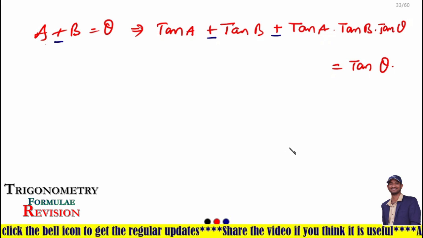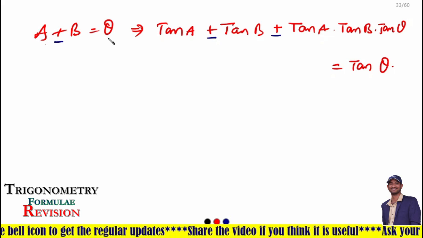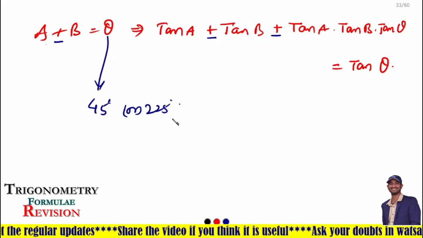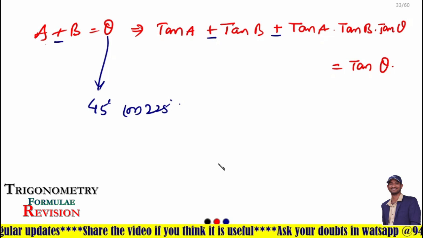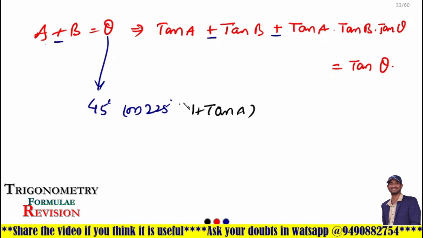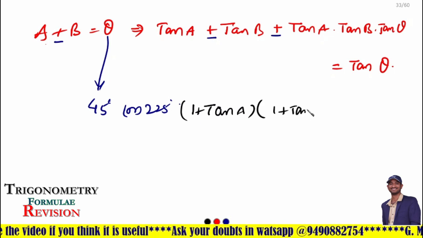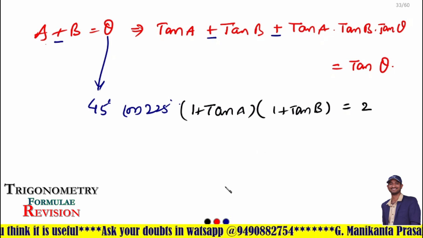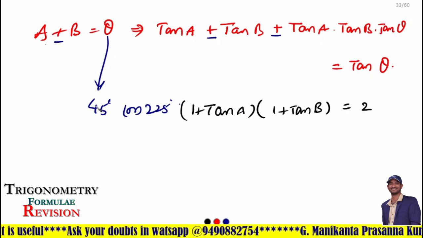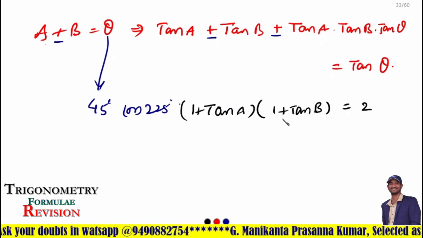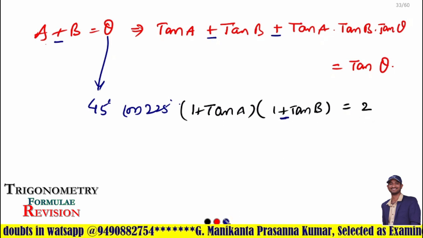Is it clear? Suppose this theta is 45 degrees or 225 degrees, then I can directly tell you tan A, 1 plus tan A into 1 plus tan B is always equal to 2. Suppose the difference of angles is 45 or 225, then 1 plus tan A into 1 minus tan B is 2.